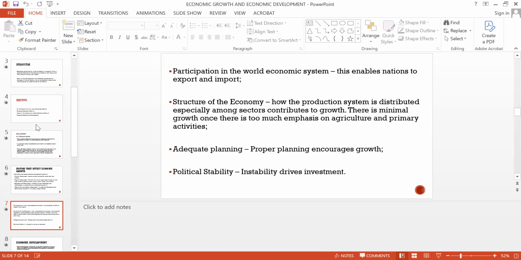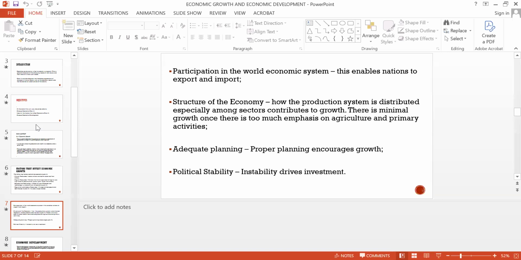Another thing is the structure of the economy, how the production system is distributed, especially among sectors, which also contributes to growth. There is minimal growth once there is too much emphasis on agriculture and primary activities. Because this is the traditional stage, any country that wants to develop must move beyond it.